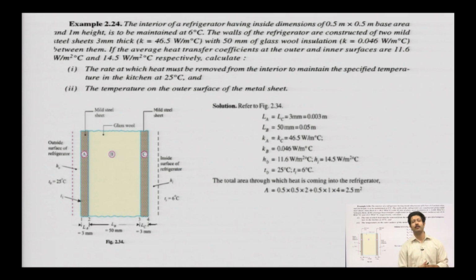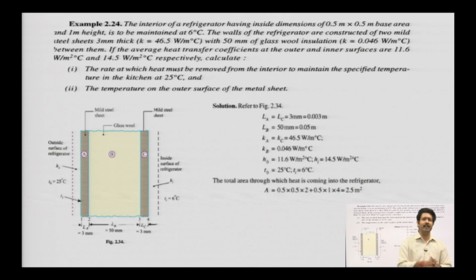Even if you want to, you won't be able to forget the concept of thermal resistance, Fourier's law of conduction, Newton's law of convection, and thermal resistance when you combine convection and conduction, and the composite wall along with convection on both sides. So these types of numericals are very important.